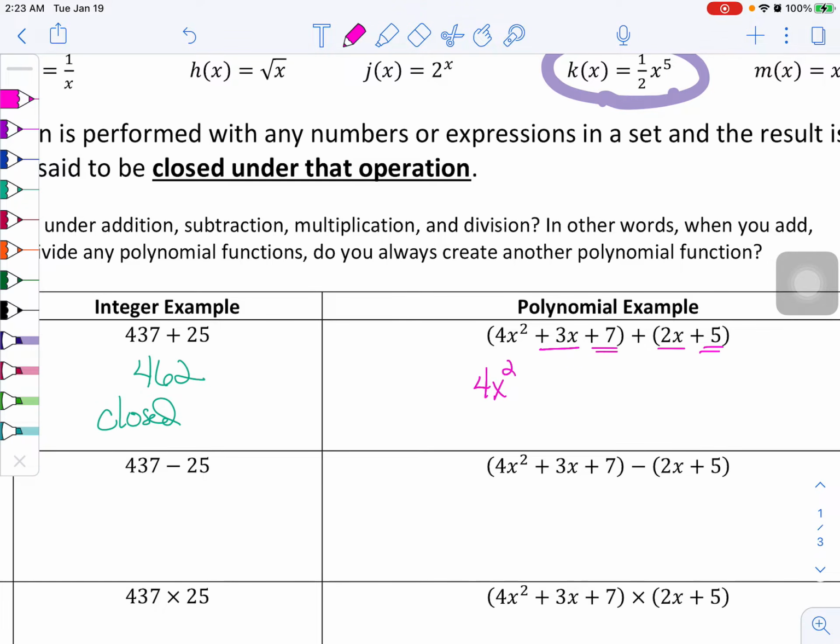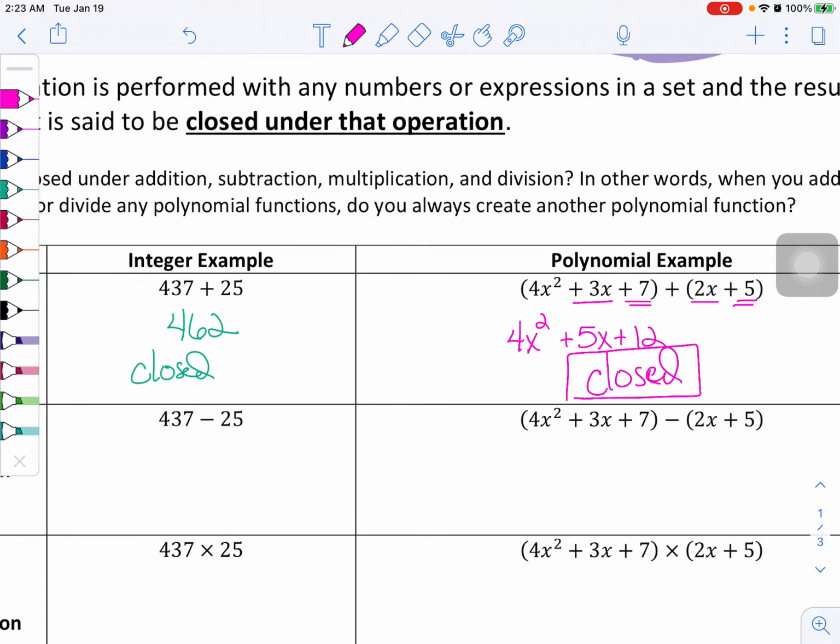So 4x squared plus 5x plus 12. Now this is just one example, but we've added the two polynomials and we've created a polynomial, and that's always going to happen. You guys have done these polynomial problems for a while. You always will create another polynomial. So polynomials are closed under addition.